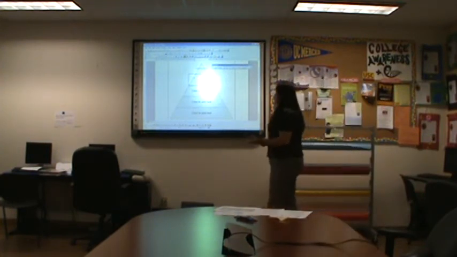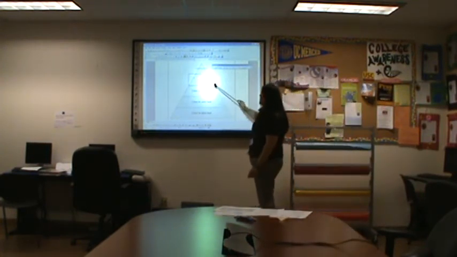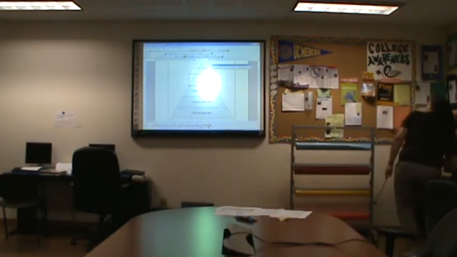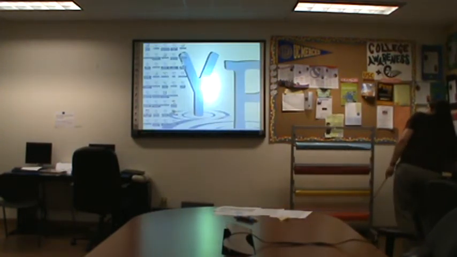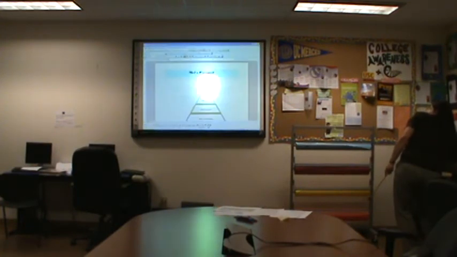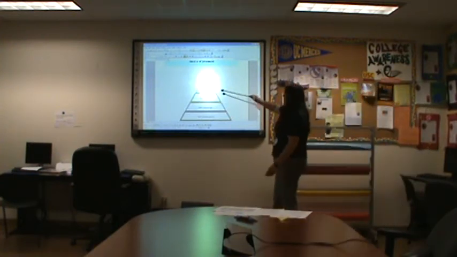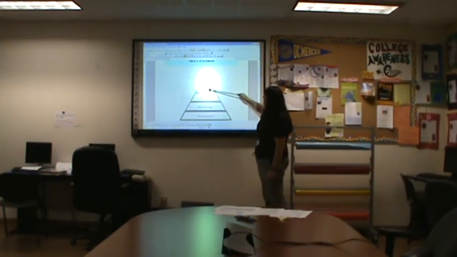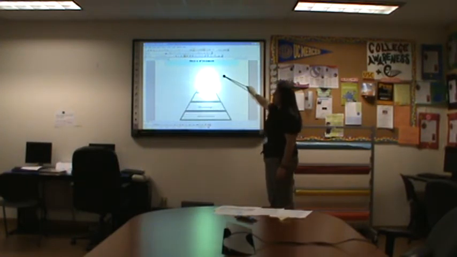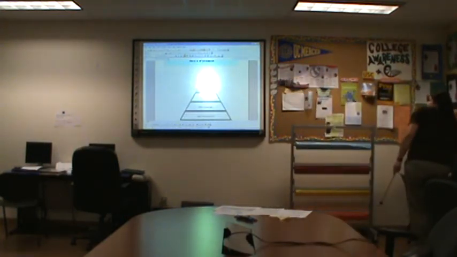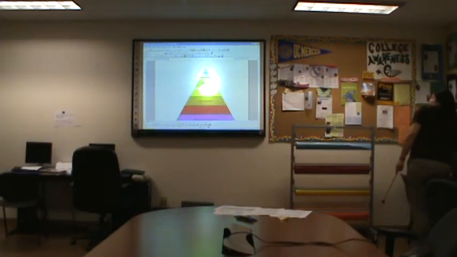So with that being said, I'm going to show you some examples of other pyramids that have already been formatted. Just to give you examples. Okay, here's an example where I put the wording in, and I changed the color. And how did I change the color? By using the toolbar on the side. Okay, so this is one example. We have different examples. We have this other example.